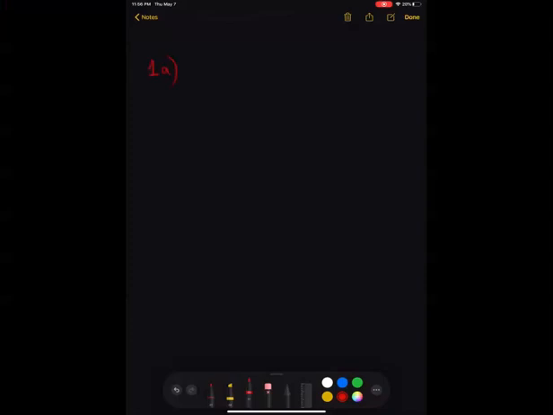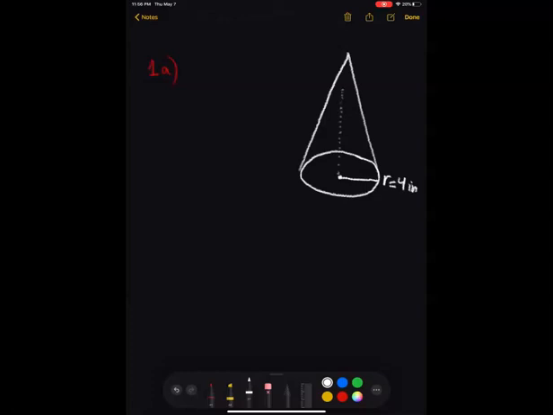1A, let me draw out our cone. We have the base and then the top part of our cone. The base or the circle has a radius of r equal to 4 inches. And then the height, I'm going to do it with a dotted line.